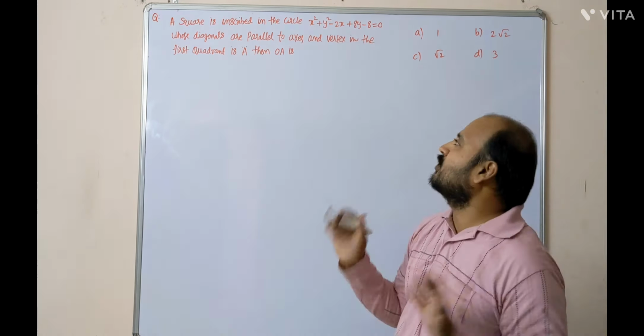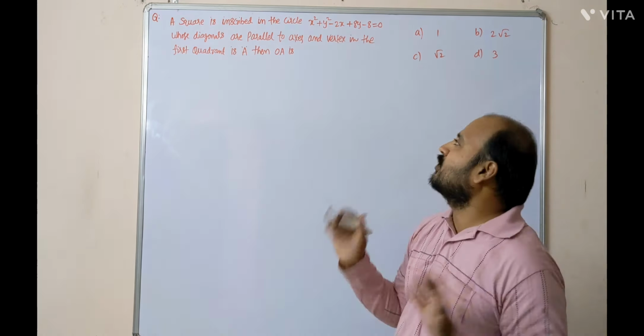So what is the given circle? x square plus y square minus 2x plus 8y minus 8 equal to 0. What is the center of the circle? Center C equals minus x coefficient by 2, minus y coefficient by 2. So 1 comma minus 4. A square is inscribed in the circle.